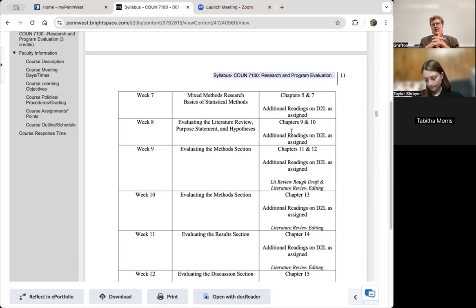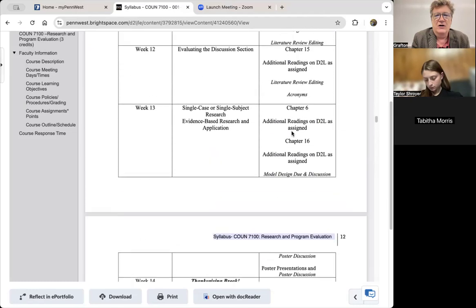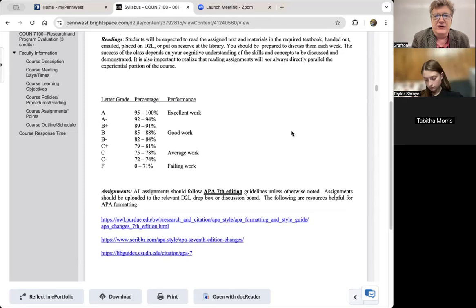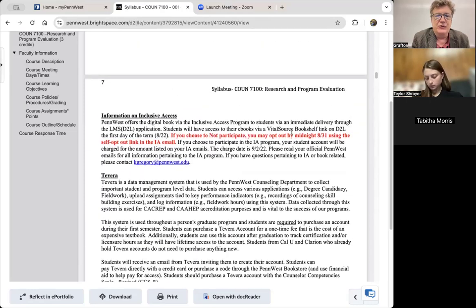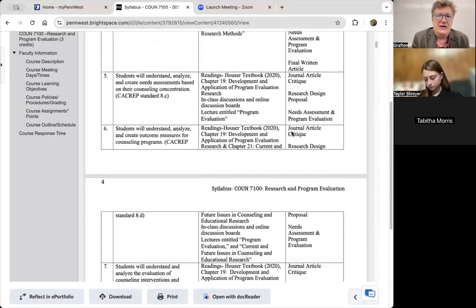So we'll go over some of those readings again, but let's look at the instructions for the article review, and I'll read them to you, and we'll talk about each one.